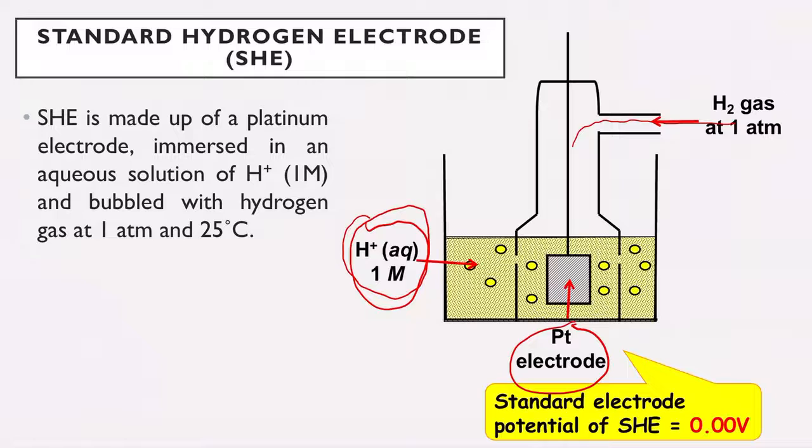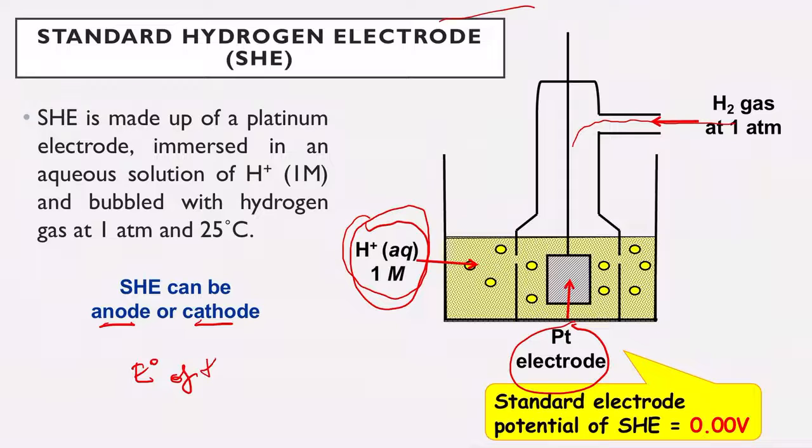Baiklah. Okay. So, oopsie. So, your SHE can be anode or cathode. How? Depends on the E0 of the other half cell. Okay.